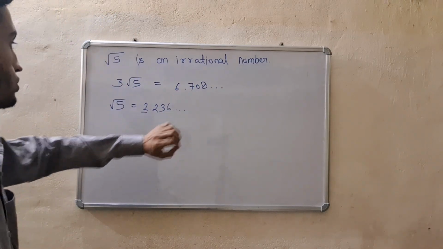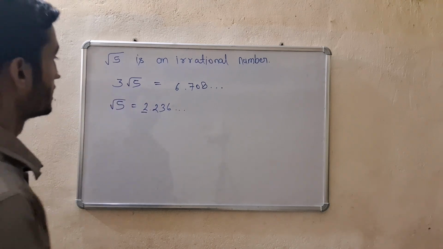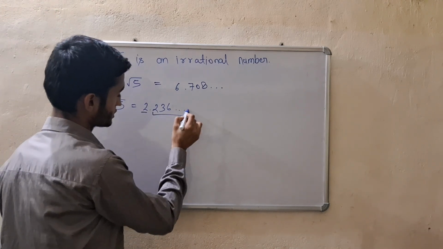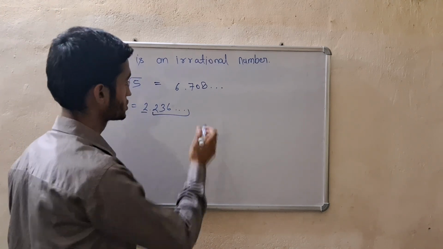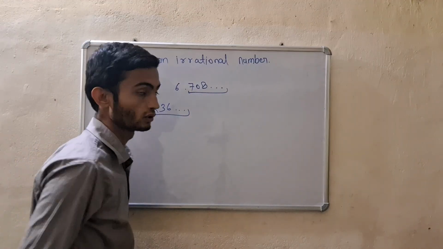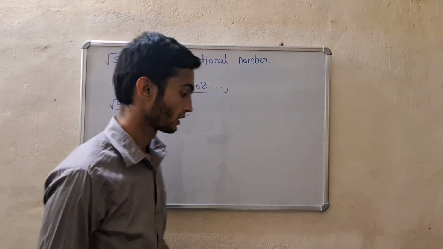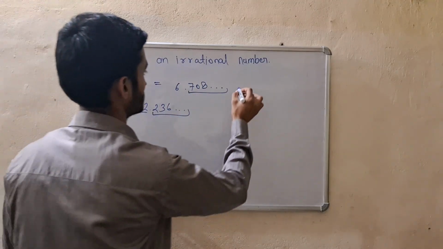Now this decimal expansion is non-terminating, so the decimal expansion of the product will also be non-terminating. So this also becomes an irrational number.